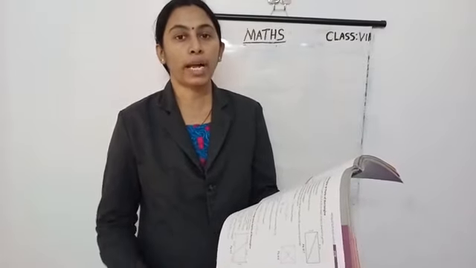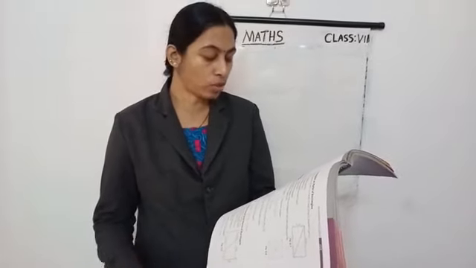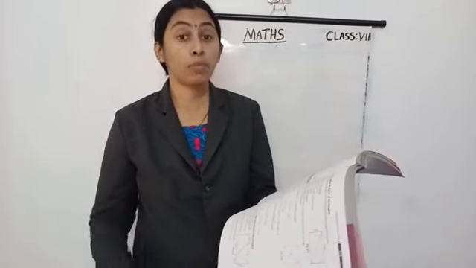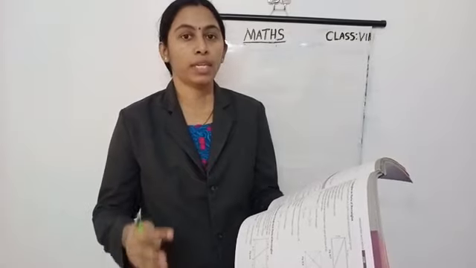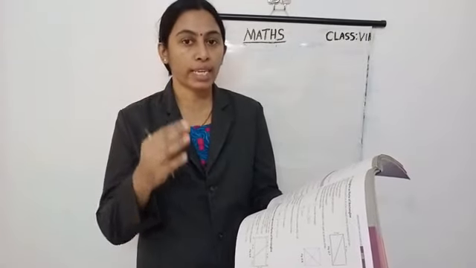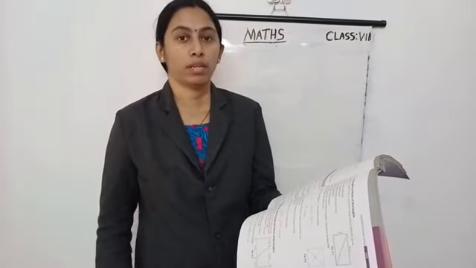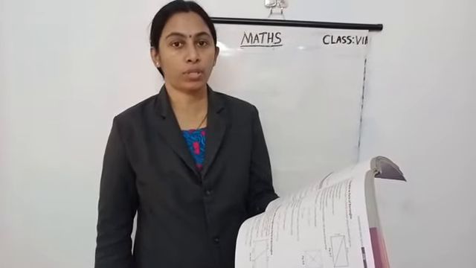We need to find the measure of the side of the square shape. Also find which shape encloses more area. That means find which has more area, the rectangular shape or the square shape. We need to find that also.